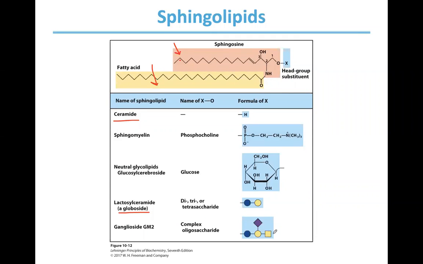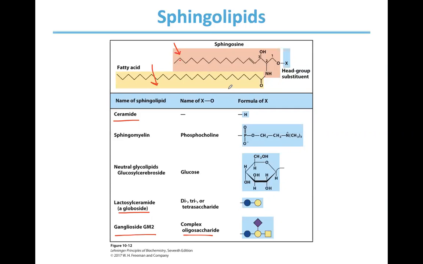And then if you add more, it will be a complex oligosaccharide, which can be branched. This will be ganglioside. There are different kinds of gangliosides. The particular one here, for example, is GM2.